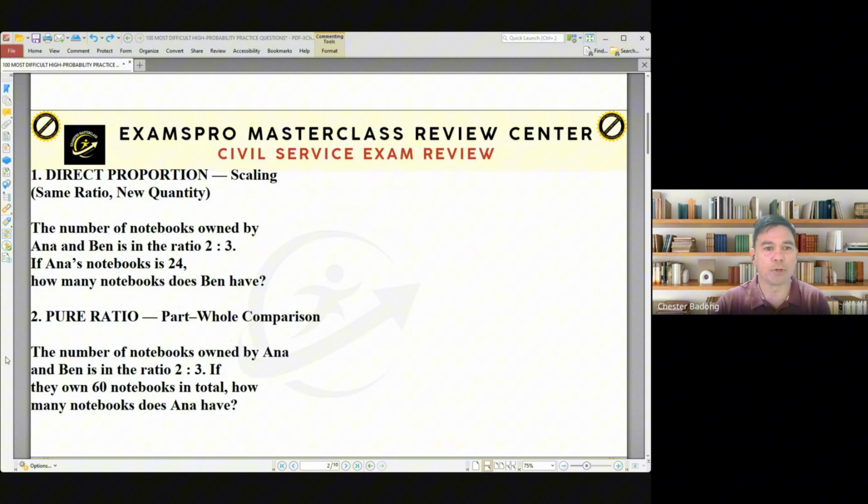So, first off, the number of notebooks owned by Anna and Ben is in the ratio 2:3. If Anna's notebook is 24, how many notebooks does Ben have? Gawa po tayo ng table. A and B. A for Anna, B for Ben. Okay? So, 2:3 po yung ratio. And si Anna, meron 24. At ilan po yung kay Ben?